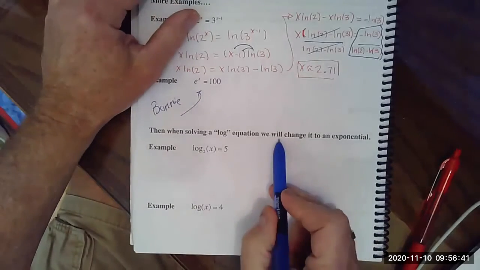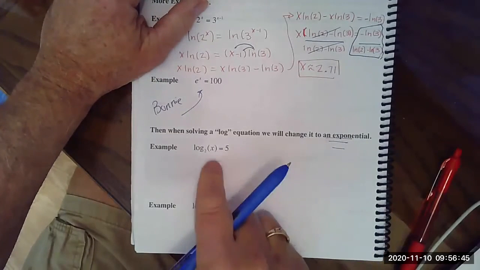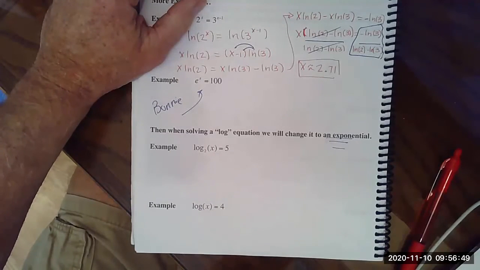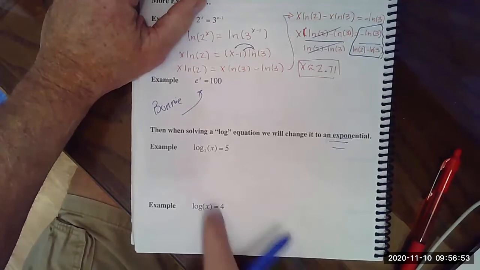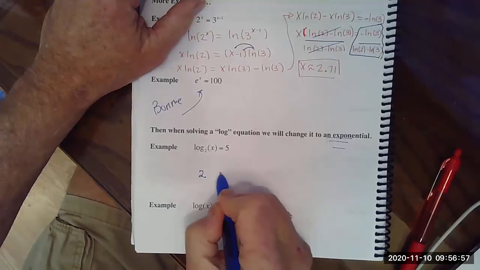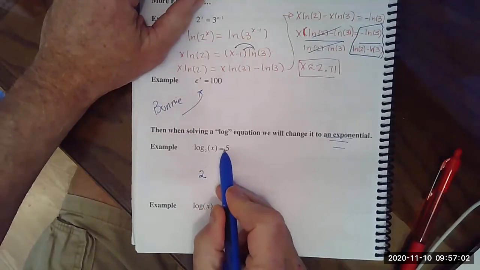Let's see, you're going to change it to an exponential. That's the strategy that I do: change this to where there's no logarithms. So I always start with the base. What's the base? It's a 2 in this one. So I start with a base of 2 raised to something. It's either the x or it's the 5. I'm going to tell you what it's not.